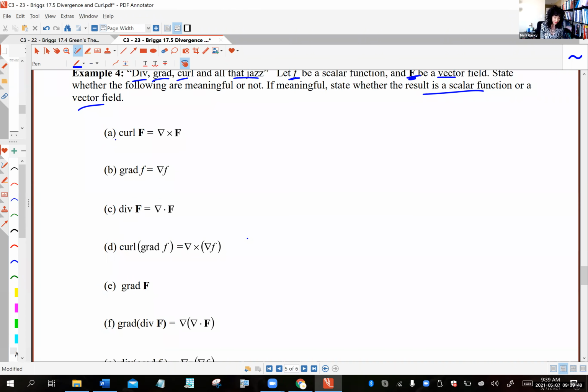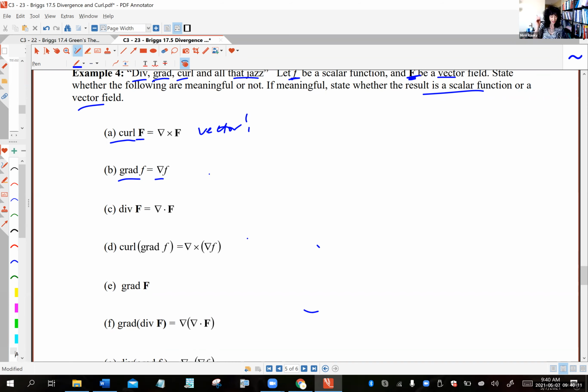Curl of F, meaningful or not? Well, I just taught you curl of F. Of course it's meaningful, and it's a vector. Gradient of f, meaningful or not? Yes, of course.